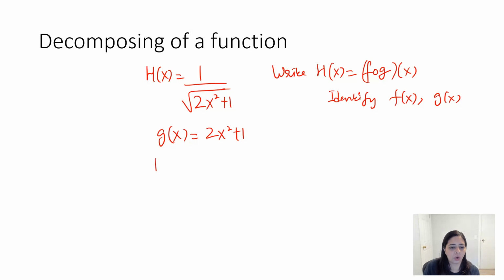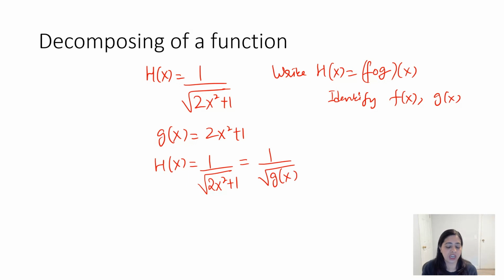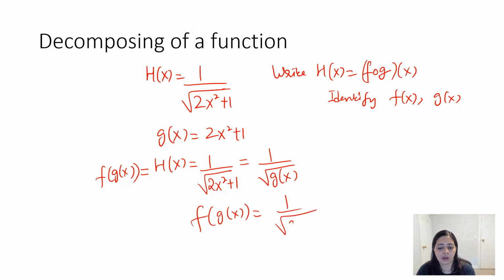And now go back to h of x. This is 1 over the square root of 2x squared plus 1, which is 1 over the square root of g of x. Now you want to write h of x as f of g of x. So this is what you get: f of g of x is 1 over the square root of g of x.